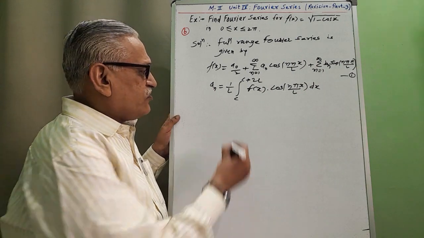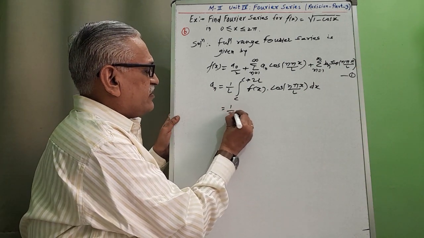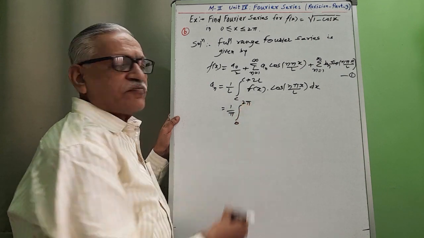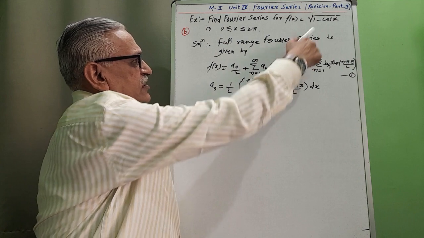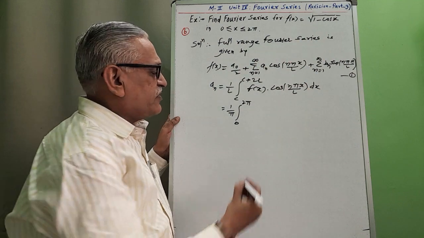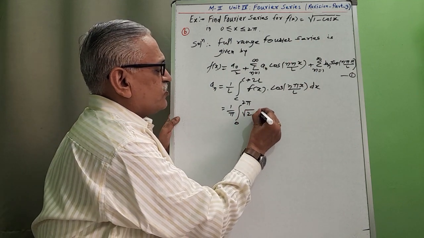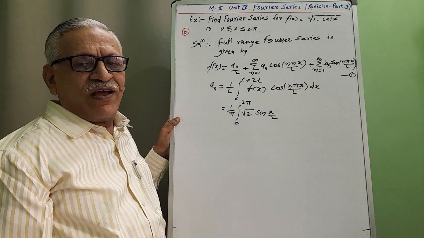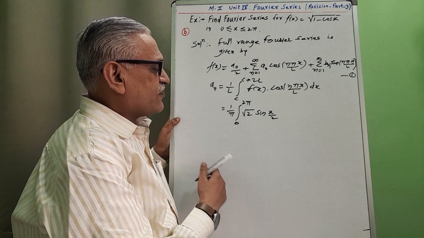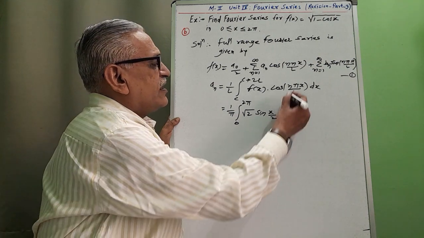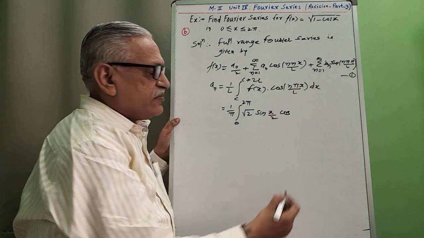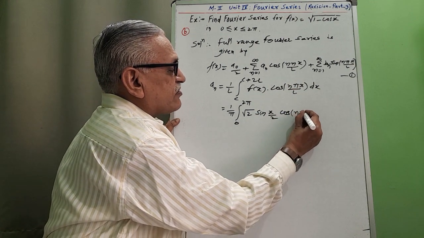Then substituting the values, L is pi, lower limit is 0, upper limit is 2 pi. f of x is square root of 1 minus cos x, which means root of 2 into sin of x by 2, the new value of that function after converting it, and into cos of n pi x by pi. Pi gets cancelled, we get cos of nx.